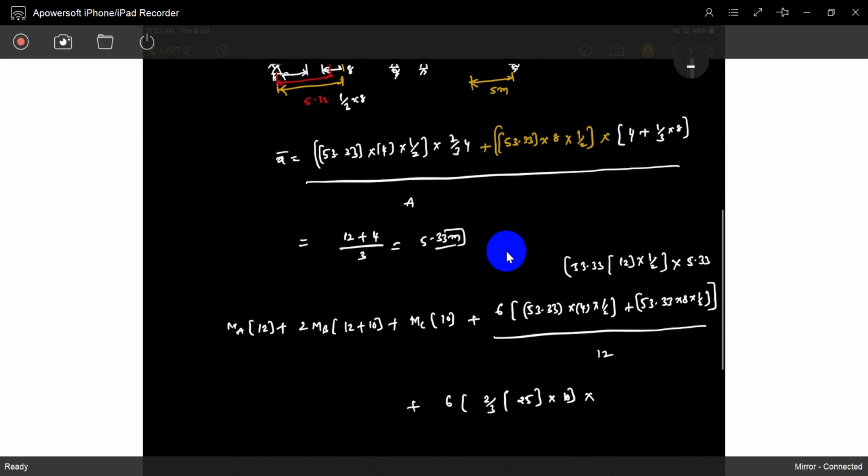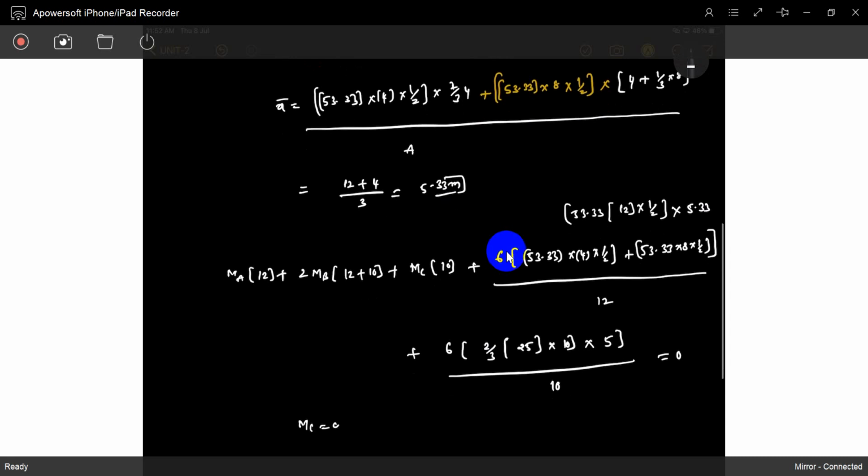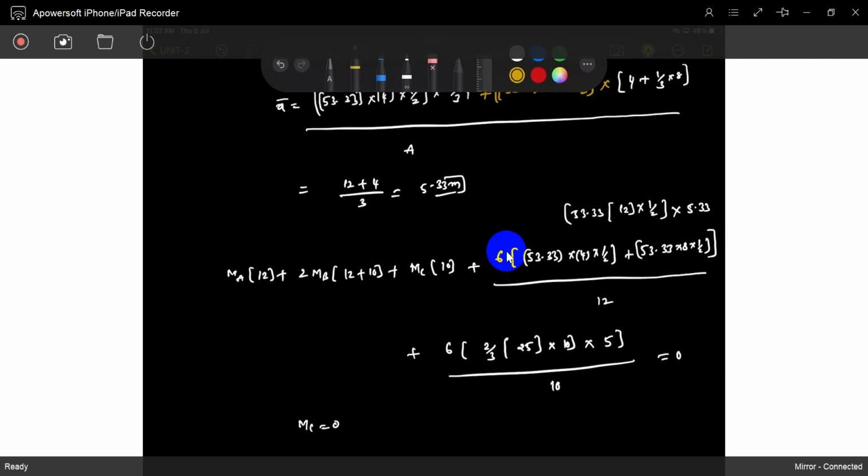Centroidal distance from C divided by L, length is 10, is equal to 0. If you get a negative value like this, that means hogging moment. Okay, we already know MC is 0. Then you just strike out MC. So what is that value? What equation will you get?